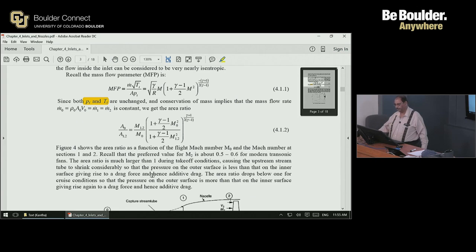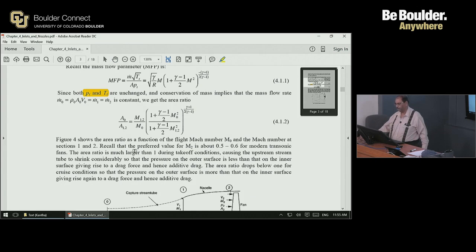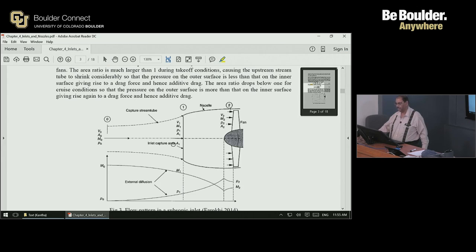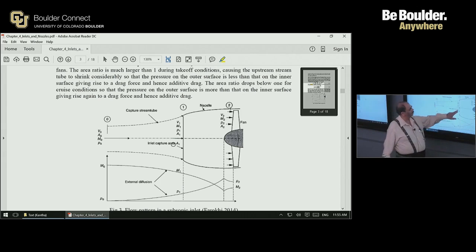Coming back to this, this is essentially a repetition of what that is. Now, how does the additive drag come about? It comes about because unless this Mach number is equal to the Mach number here, the stream tubes are not straight. In supersonic inlets, the stream tube will be straight because until the flow hits the inlet, it doesn't know the presence of the inlet.